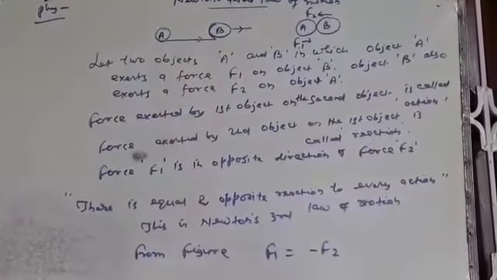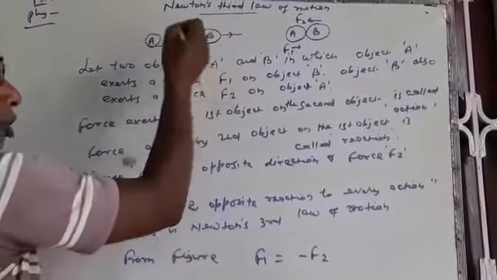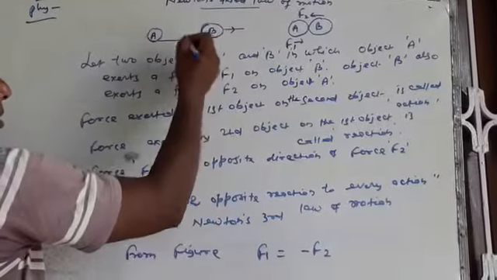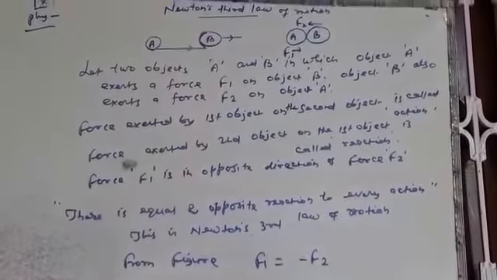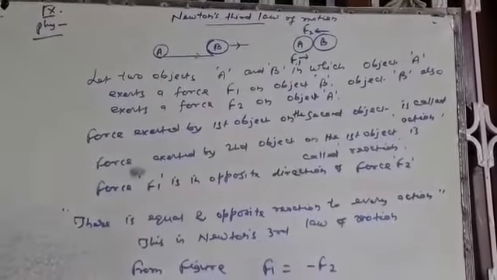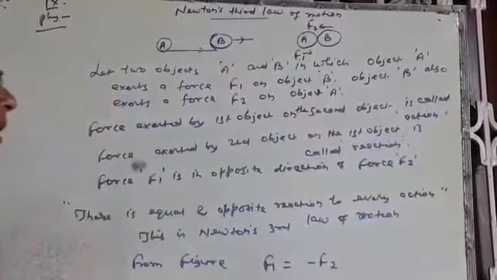So in this question, it is found that the speed of A is greater than the speed of B. This means A has greater speed in comparison to B. After some time, both the objects collide with each other.